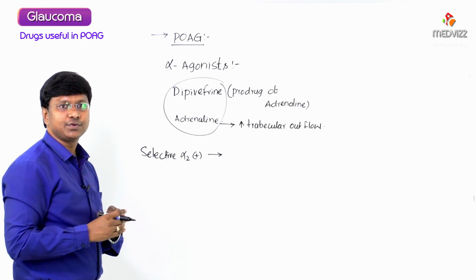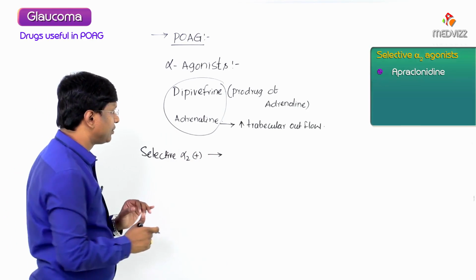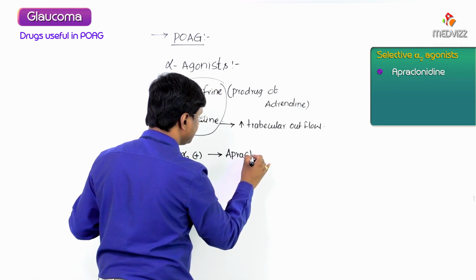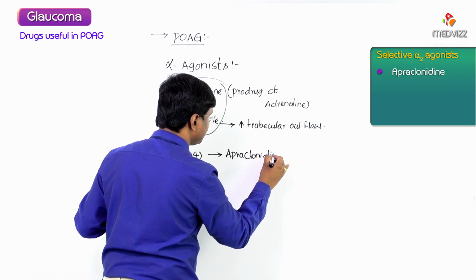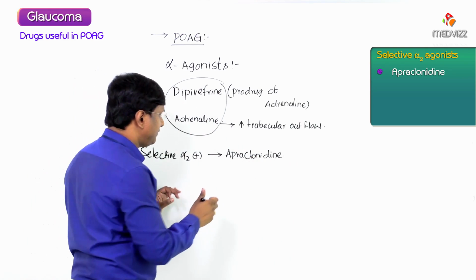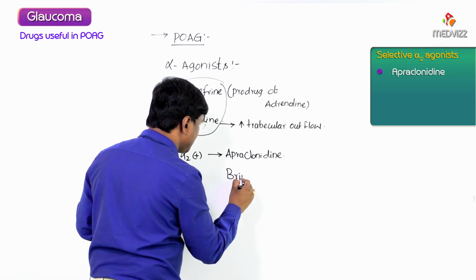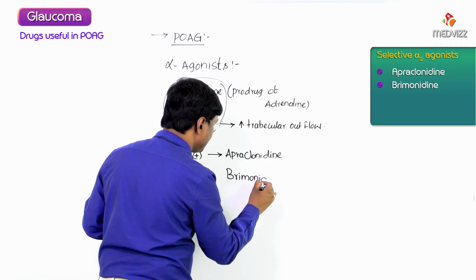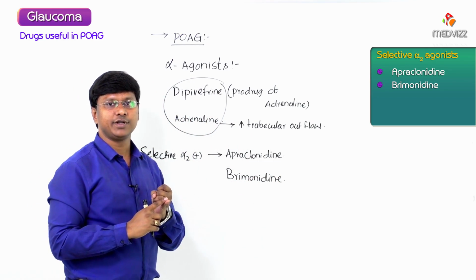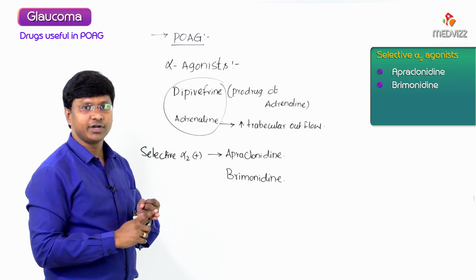The selective alpha 2 agonists include apraclonidine, and then we have another important drug which is called brimonidine.